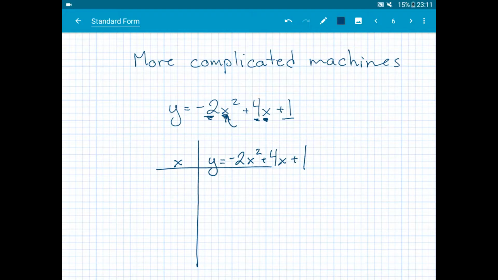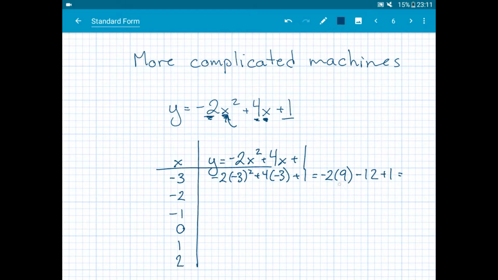And what I'm going to do is plug in a whole bunch of inputs here. So let's make it minus 3, minus 2, minus 1, 0, 1, 2. Let's investigate these ones. So this is going to be minus 2 times minus 3 squared plus 4 times minus 3 plus 1, which is equal to minus 2 times 9 minus 12 plus 1.